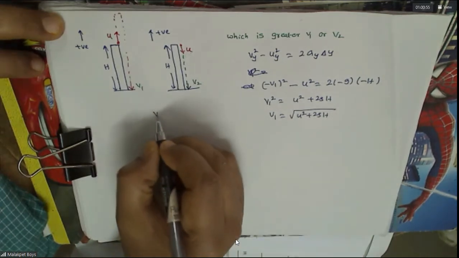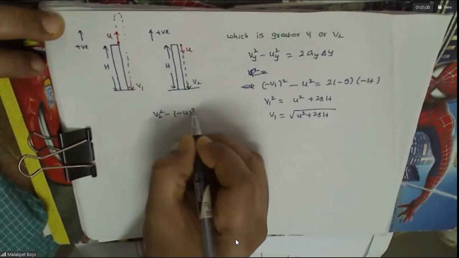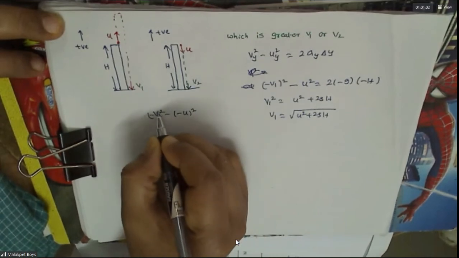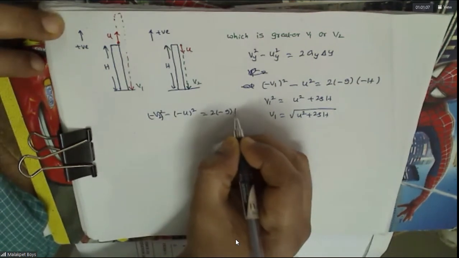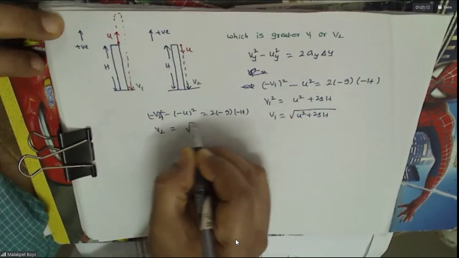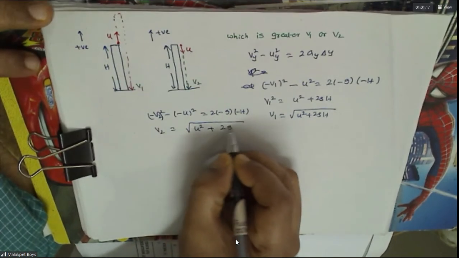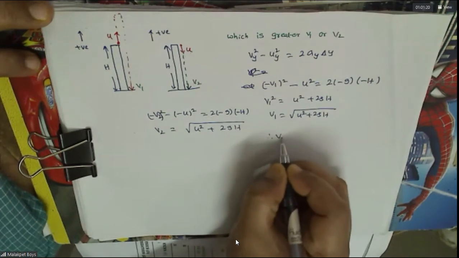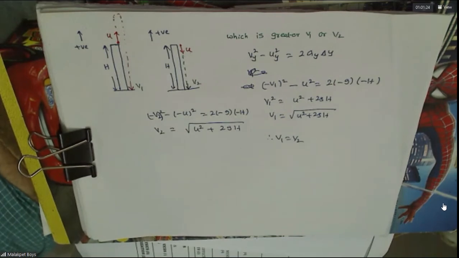Similarly, here, do you agree? So minus 2GH will come, no, sir.